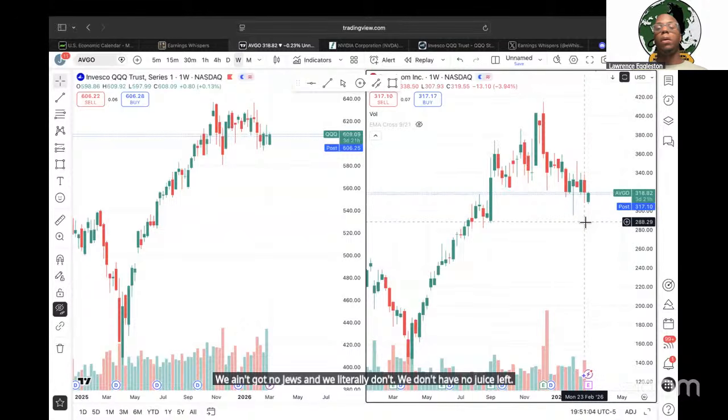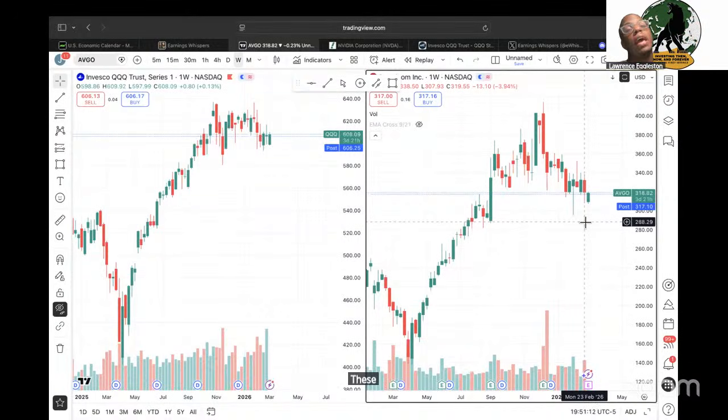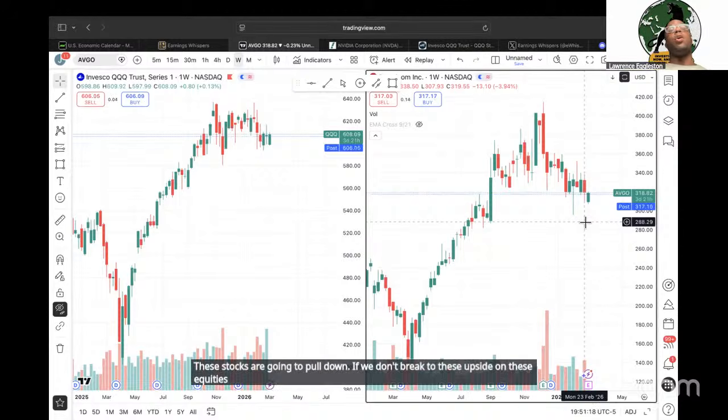Not right now. And it's not necessarily saying we're going to immediately drop, but the more we trade sideways and we start to roll, these stocks are going to pull down if we don't break to the upside on these equities. That means if earnings don't come in strong over these next 2 to 3 quarters, so for the rest of the year, and I said this last year, I said 2026 will all be about what you can show me for these companies.